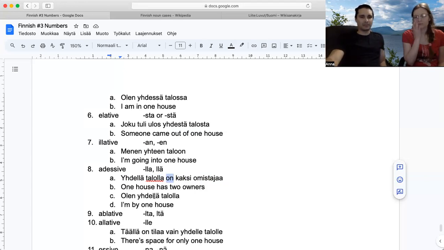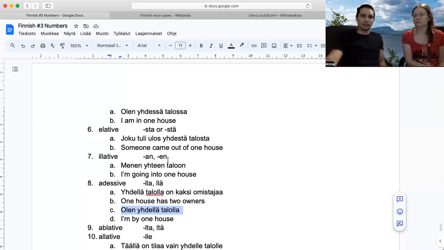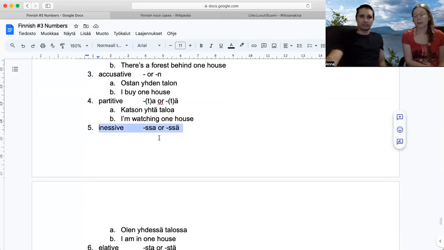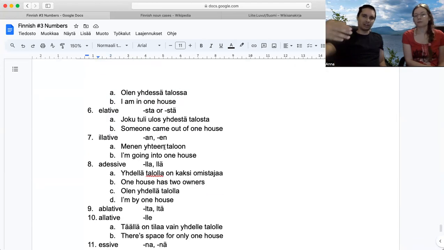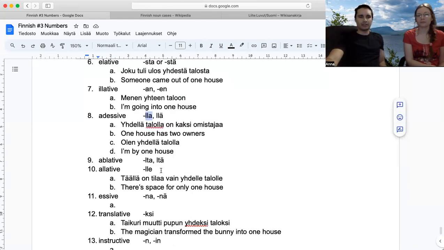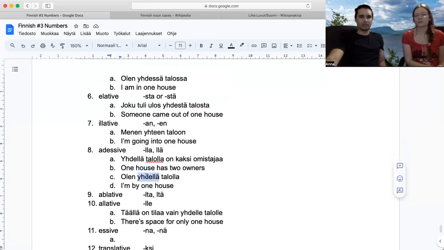But now when I think, sometimes the adessive is used when you're by something. Like at school, inside the school would be koulussa. This one, inessive. But by the school, not inside, but near school, koululla. Yes. And again here, olen yhdellä talolla.